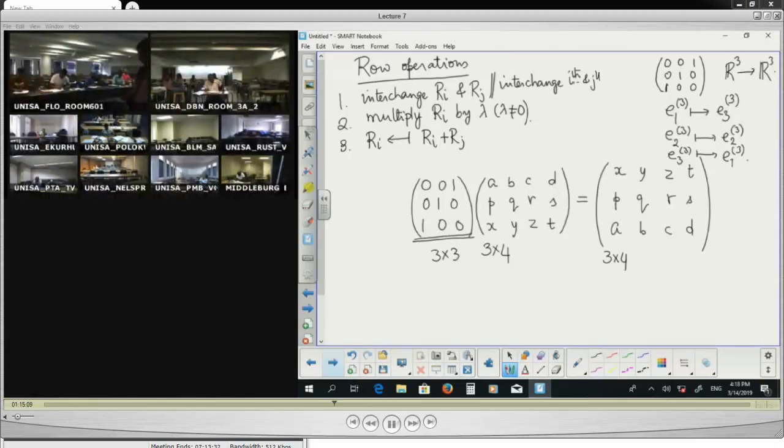That is the meaning of it, and this is the change of base matrix for that. So this is quite interesting, right? You multiply on the left by the change of base matrix, and what is happening then?